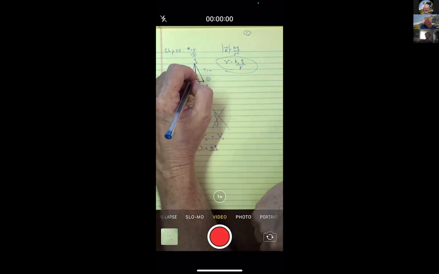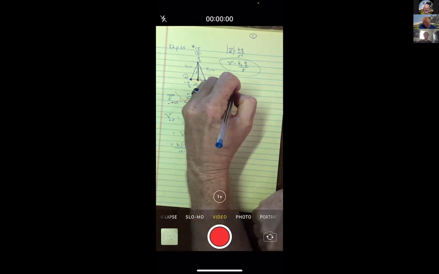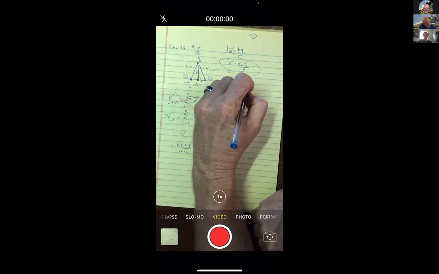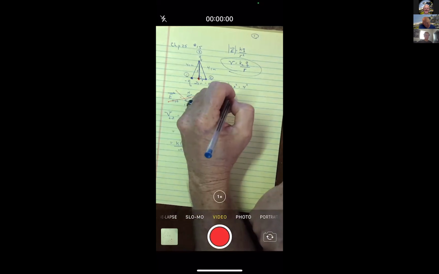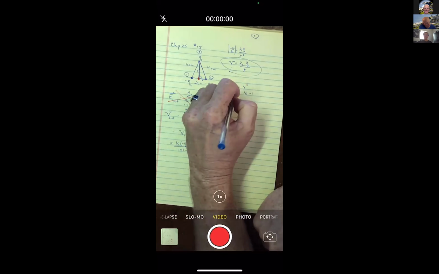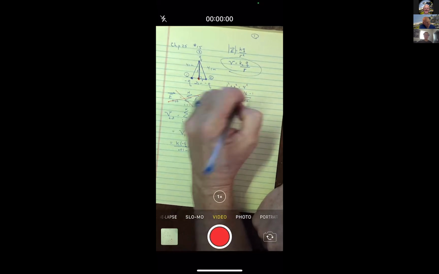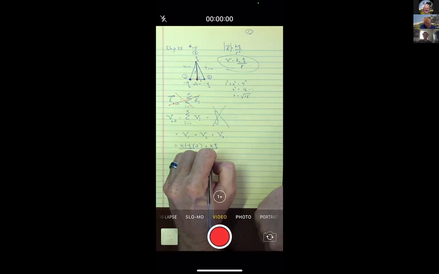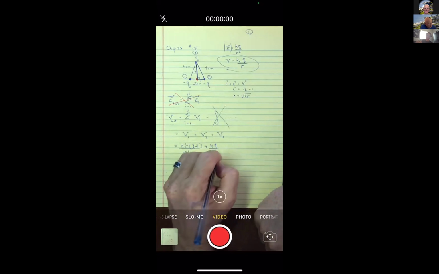So if I call this distance x for a moment, 1 squared plus x squared is equal to 4 squared. So x squared is 16 minus 1, and x is the square root of 15 centimeters, which I can get a number for in a second.